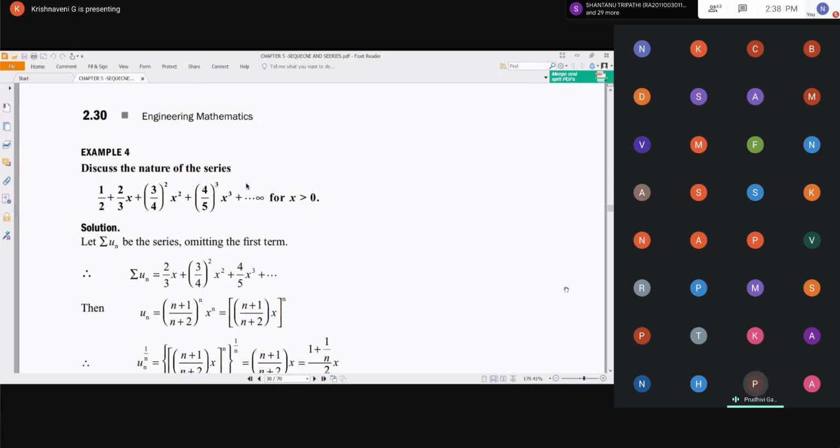We can take it as n by n plus 1 into x to the power n minus 1. In this question they did not include 1 by 2, because it is not following the pattern of the series.